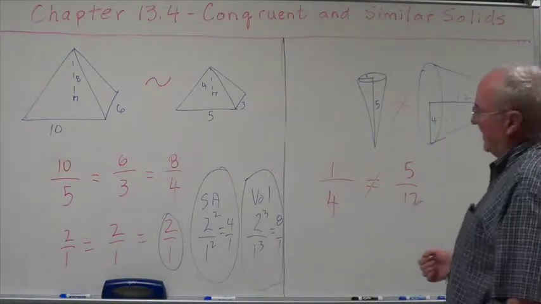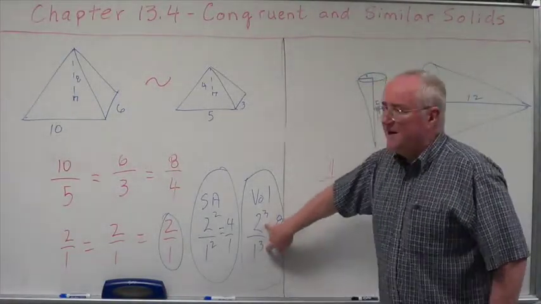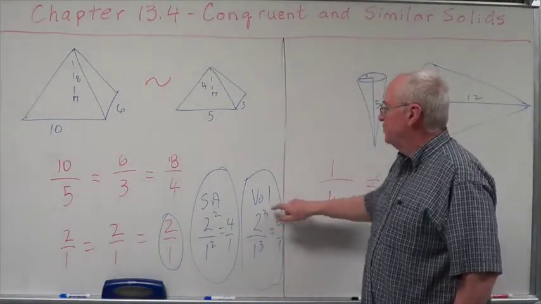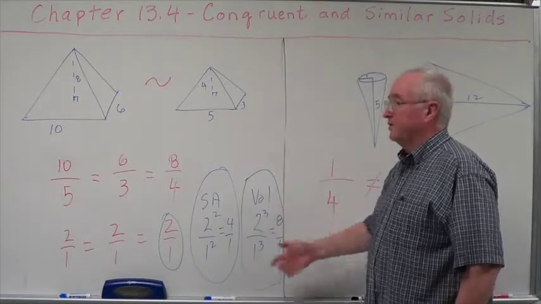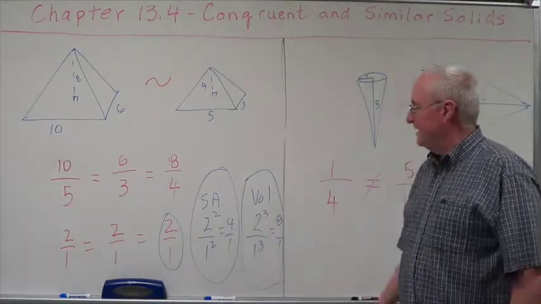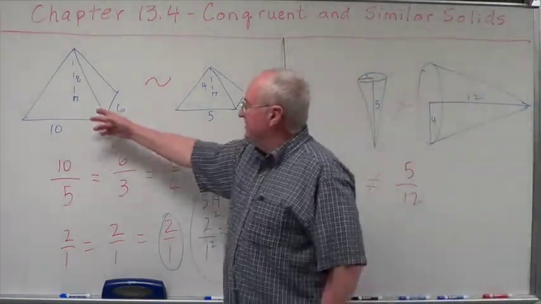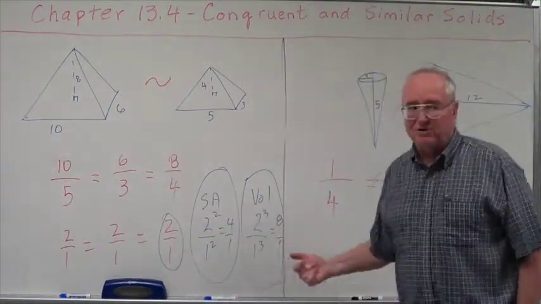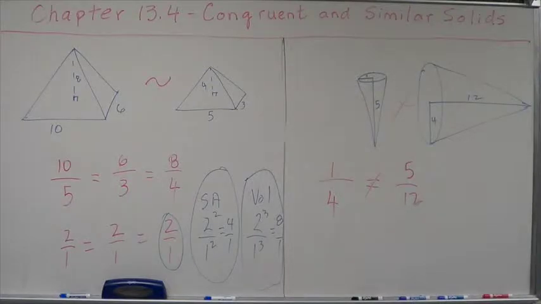Therefore, when we calculate the volume, it's going to be raised to the power of 3. 2 cubed to 1 cubed. Well, 1 cubed is just 1, so that's going to be 8 times. The surface area takes 4 times as much material to make, or surface to cover, 4 times the paint, whatever you need to put there.